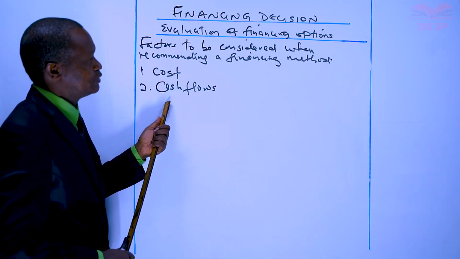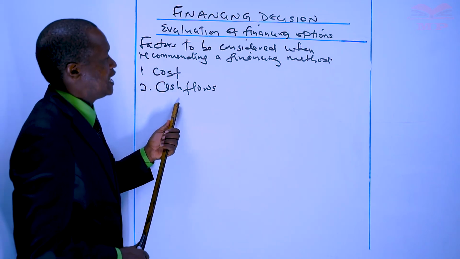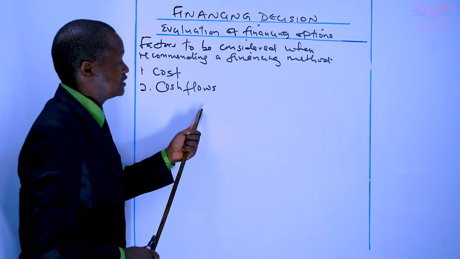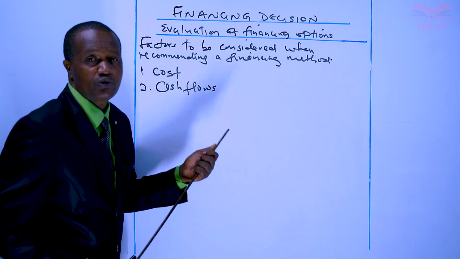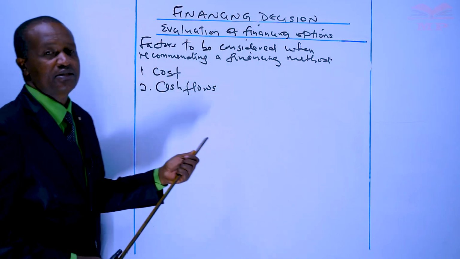If a company is to obtain debt, say a bank loan, then there will be an obligation for the company to service the loan through payment of interest on periodic basis.